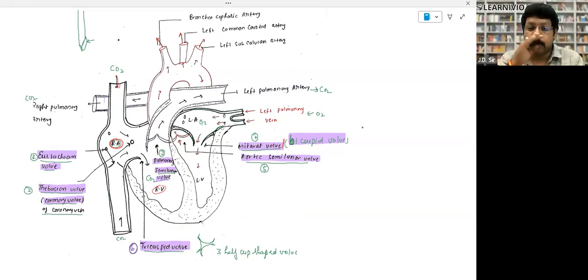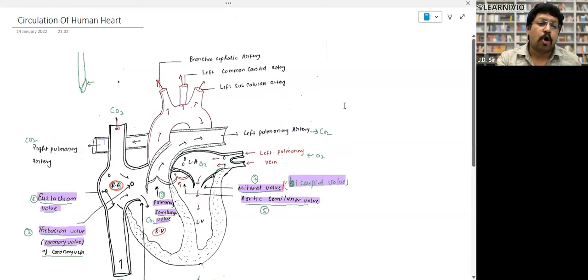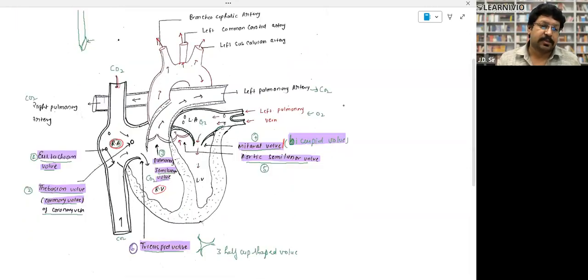The superior vena cava does not have any wall. First question, please note down. Make a star, in bullet format. The superior vena cava does not have any wall. Why? Because it opens obliquely, in an oblique way. This is the oblique structure.